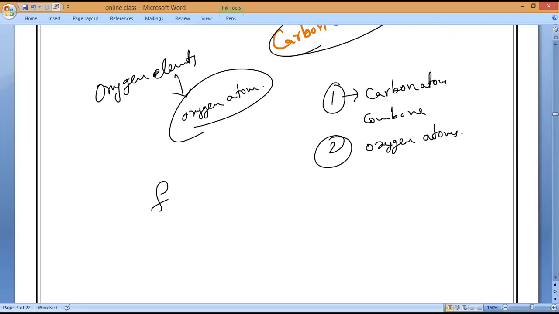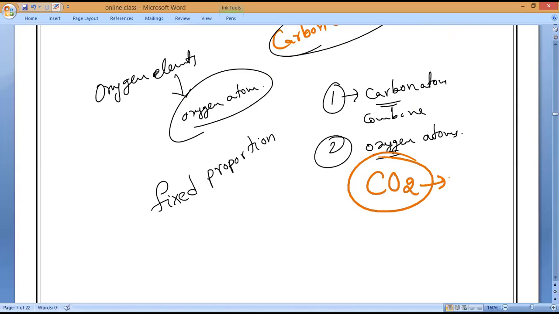Always they will be in a fixed proportion, and they will form a compound. One carbon atom and two oxygen atoms. What is the compound? Carbon dioxide. One carbon atom and two oxygen atoms. What is that name called? Carbon dioxide.